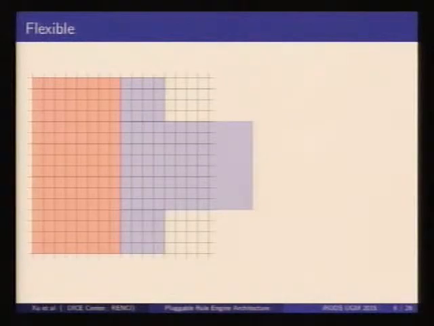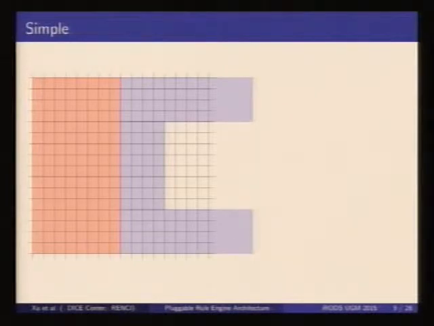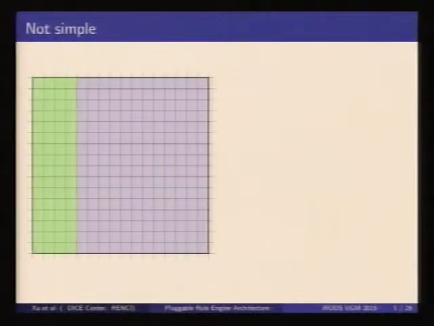So the most challenging problem in this sort of task, specifically for this pluggable rule engine architecture, is creating a pluggable architecture. The challenge is really where to draw the line between the red part and the blue part. So I'm going to show you two cases of what not to do. First, if you draw it too far to the left, it's not simple anymore.